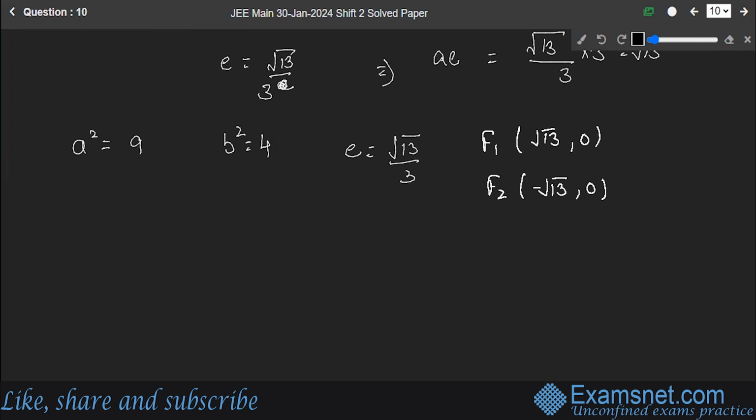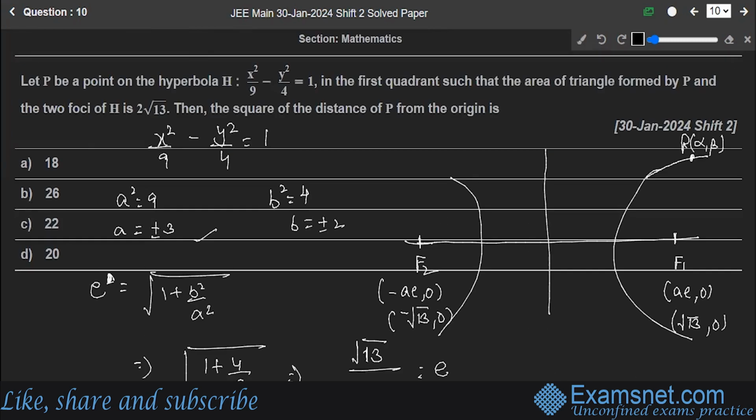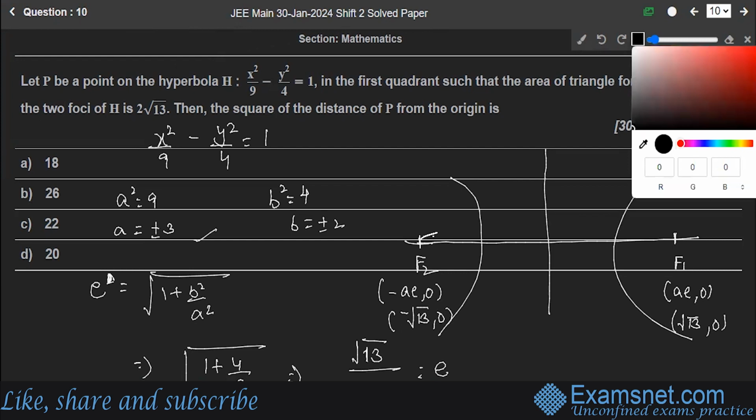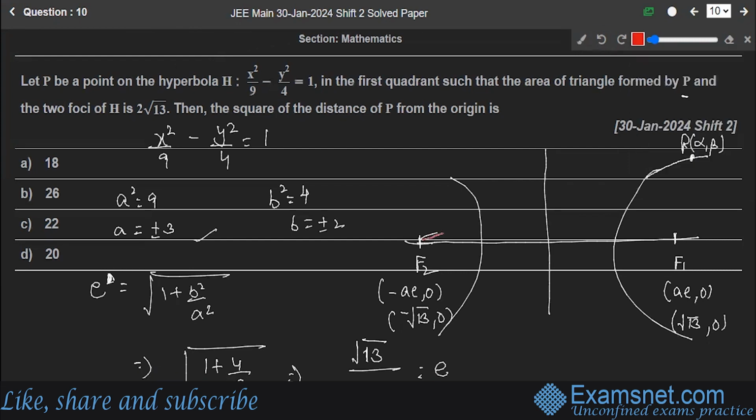Now what I want is, let's check, the area of the triangle formed by P and the two foci. Okay. This is a triangle which is being formed.